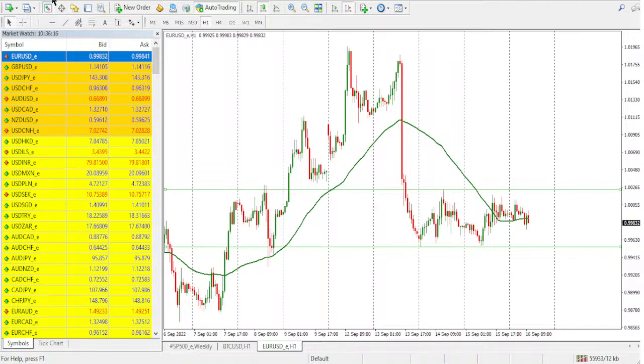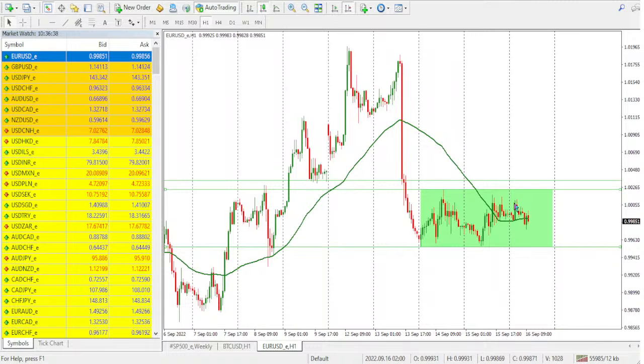And then this is a shape. So basically we are looking at this shape here. If the price ascends and closes above this zone, then this will be an ideal place to look for a buy from.